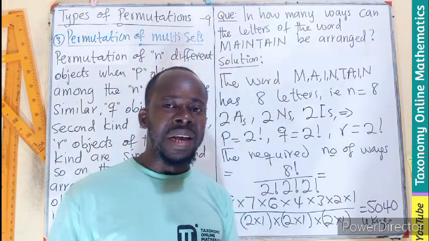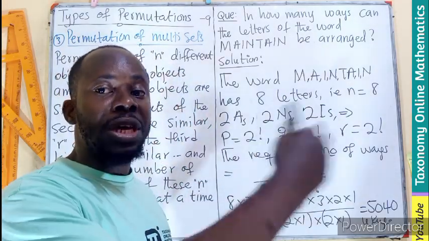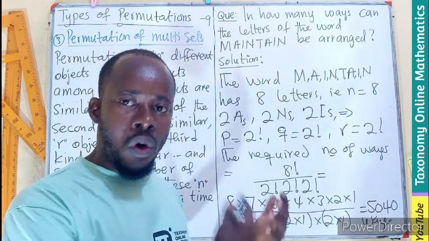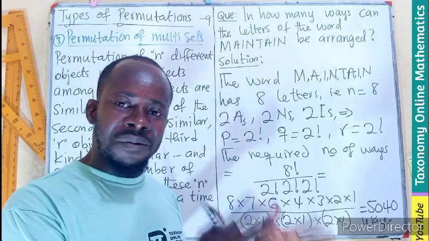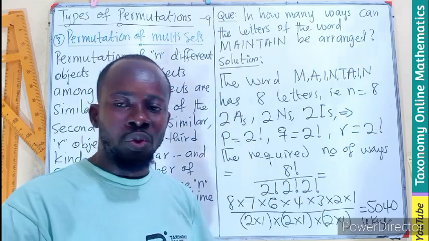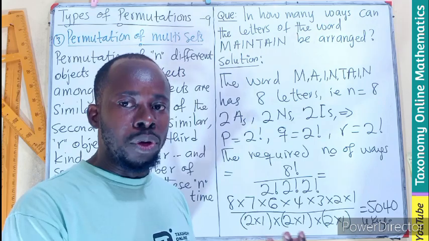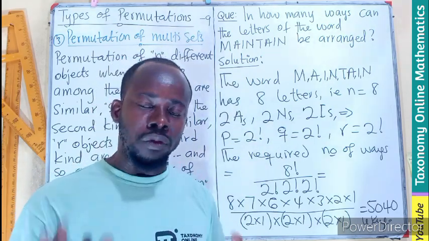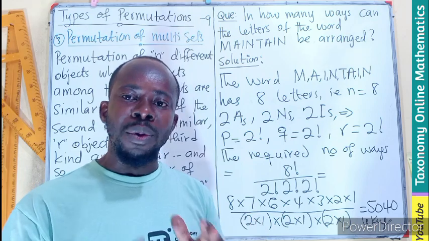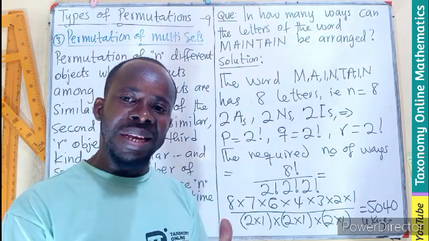In subsequent examples or episodes, we will take questions randomly on the second and third types, since we have a lot of tutorials on the first type, to help us appreciate the 2 different approaches relating to the second and third types. When we exhaust all avenues, then we move on to combination.